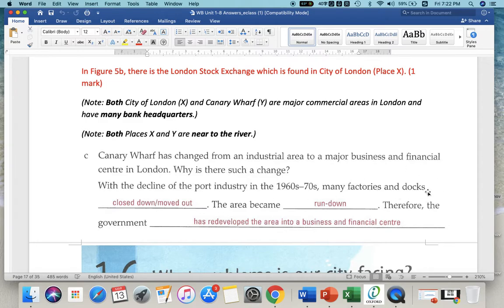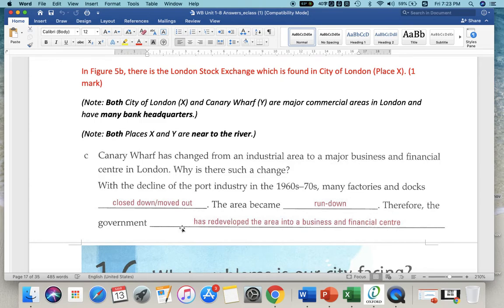So there are no longer factories or docks there. The area became run down, which means reduced, or not as good as before, because the factories moved out.